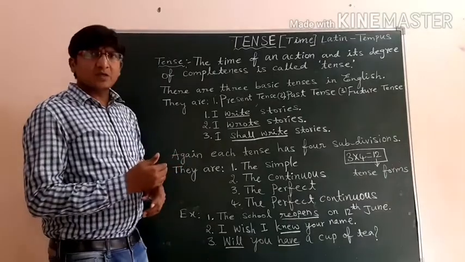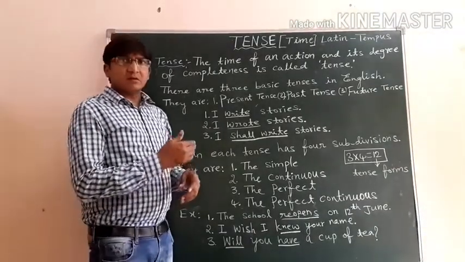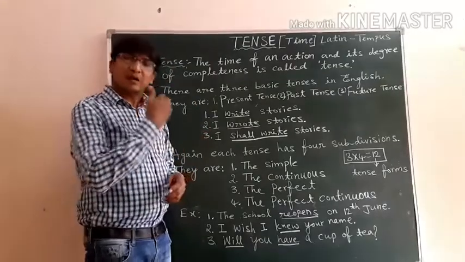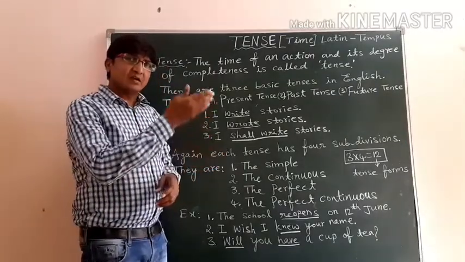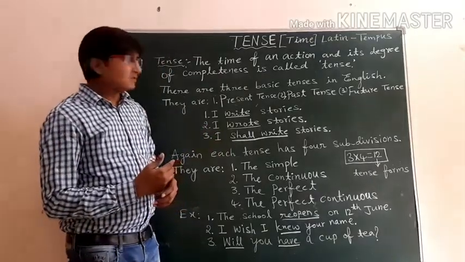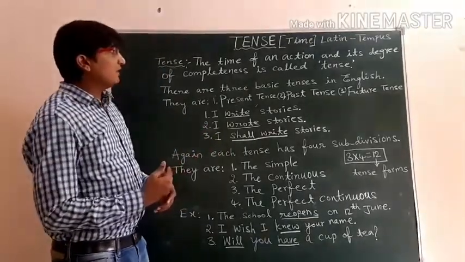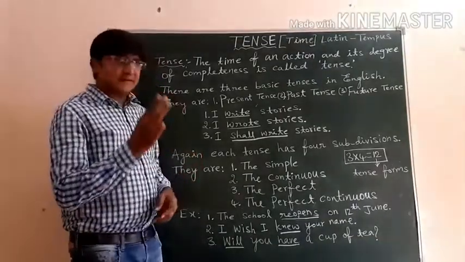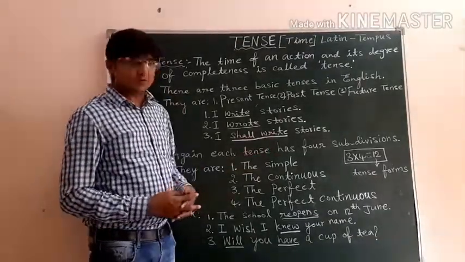In English, the action may continue or it might have completed. It started in the past and still it will be continuing. Based on that, we have three tenses, and each tense has four subdivisions.